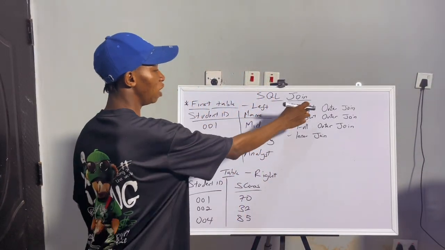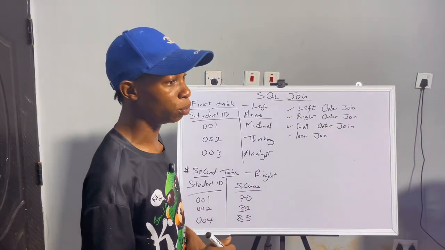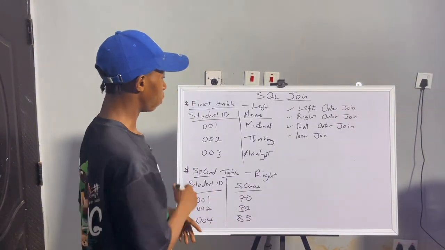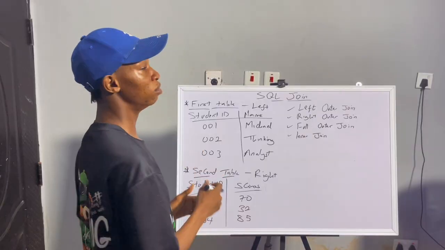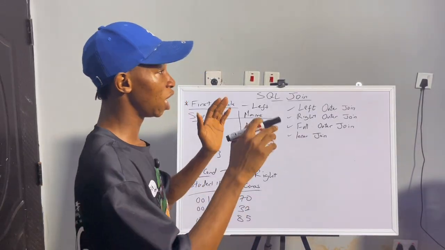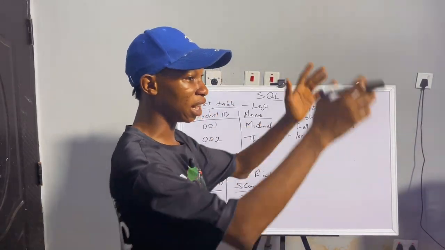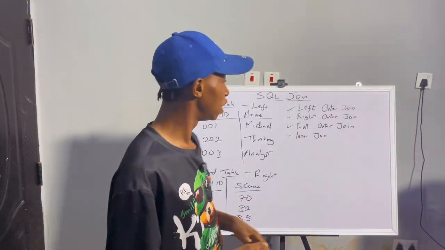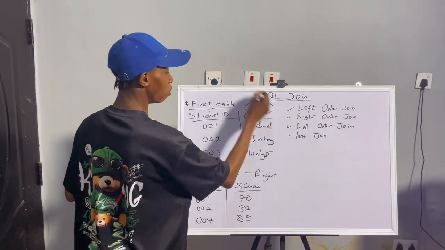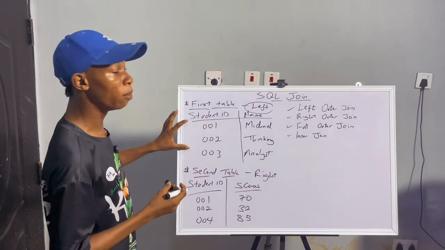So if I'm joining on left outer join, what is going to be my result? Before then, let's understand what is our left table and what is our right table. If your table is on a vertical arrangement, the one that comes first is your left table. That's why I call this my first table, my left table, because it comes first.